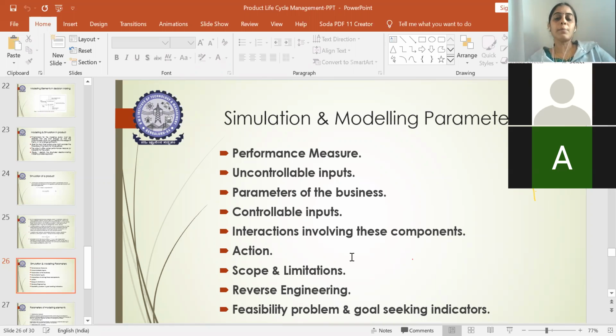These are all the parameters involved in simulation and modeling. You have to answer all these if asked, along with the concept of simulation, the modeling section diagram, the basic equation of the simulation, and the Monte Carlo simulation.